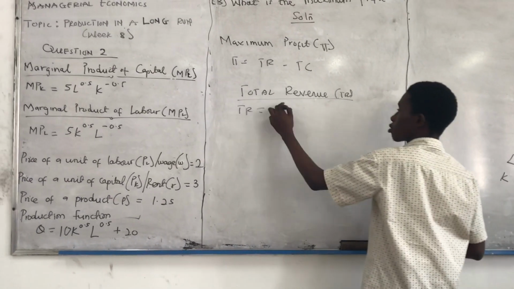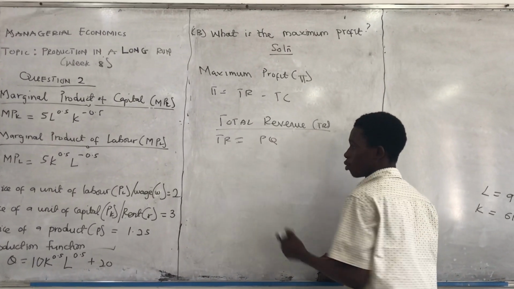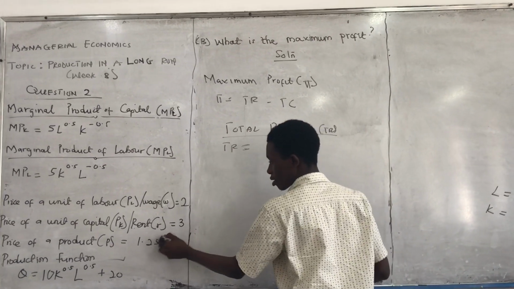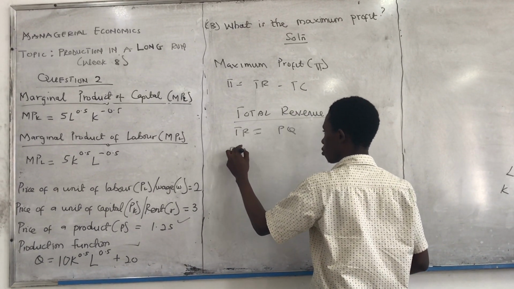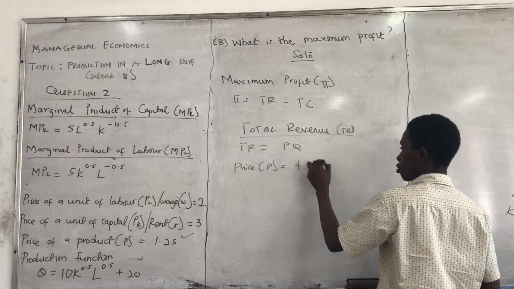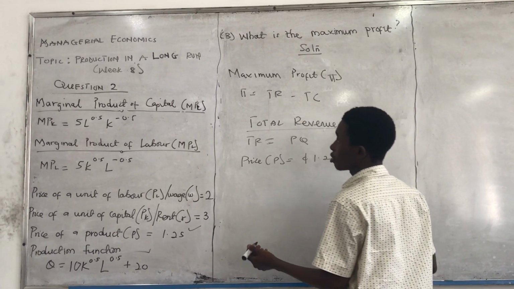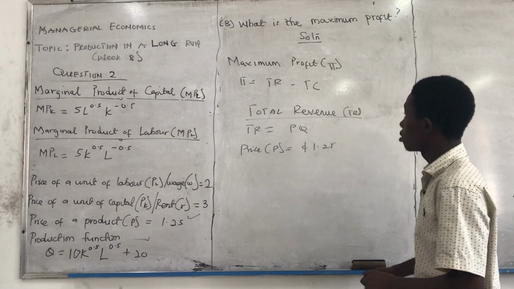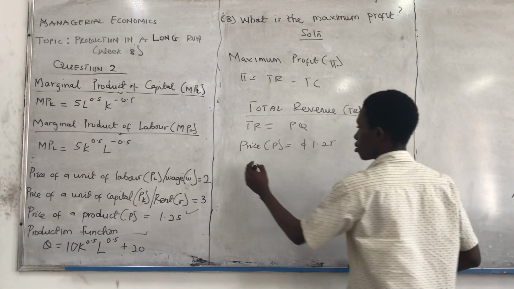Total revenue equals price times quantity. Do you have price in the question? Yes, we are given price 1.25. Do you have quantity in the question? Yes, we are given quantity to be 770.